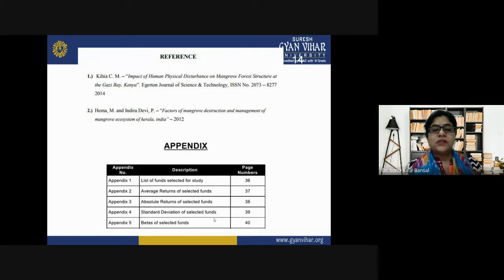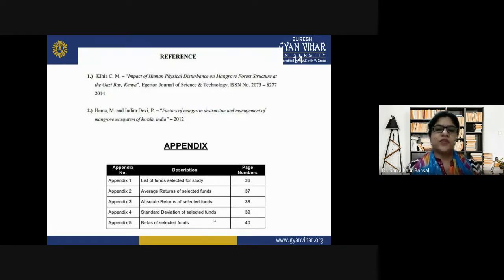This is how it is written: first of all the author's name, surname first, and then in quotes the title, and then the journal from where you have taken it, Egerton Journal of Science and Technology, and then you write the ISSN and number, and then the year. All right, this is how it is given.